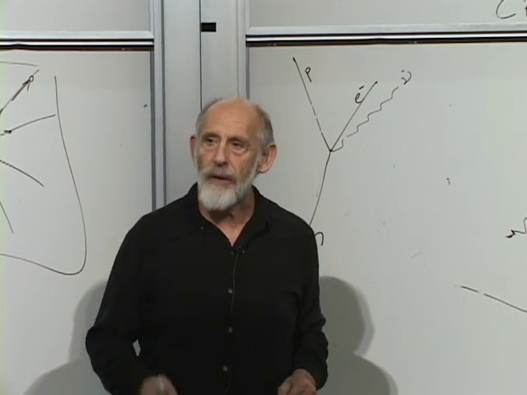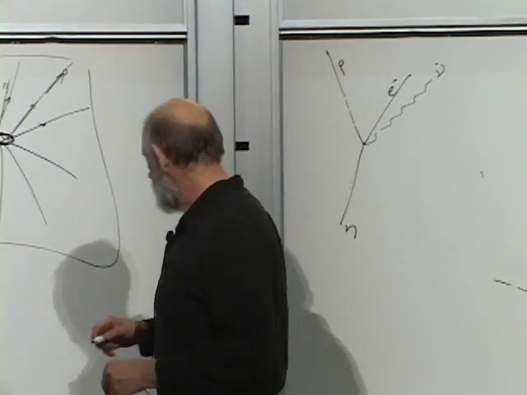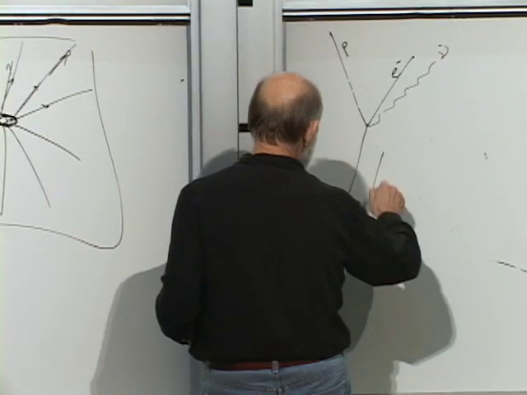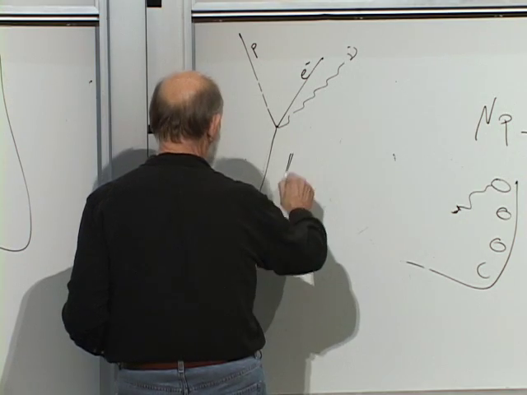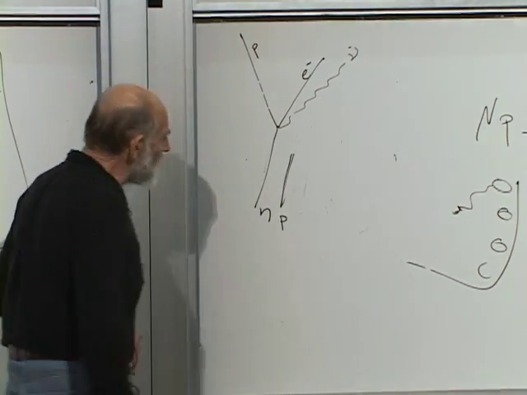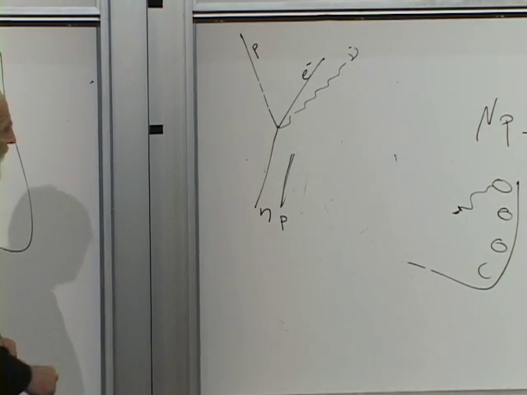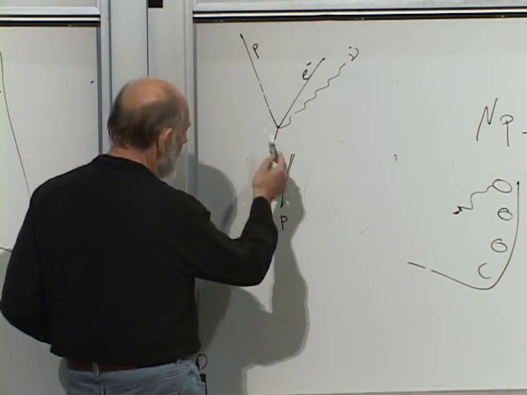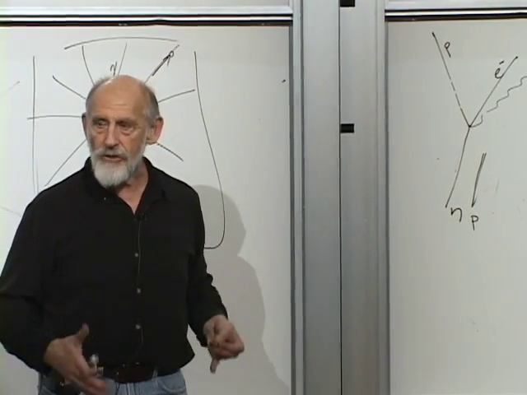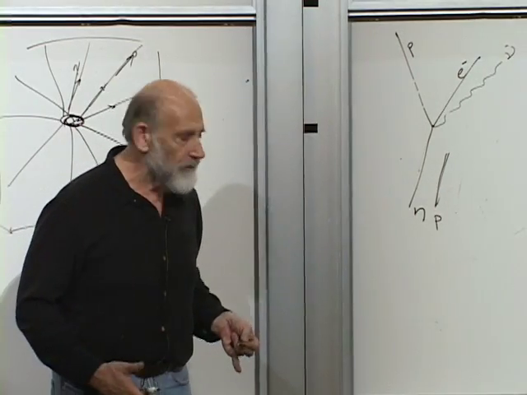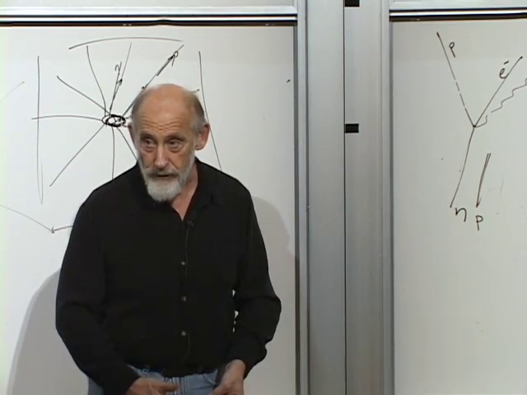Now, if a neutron is bound in a nucleus, it may have some binding energy. Let's put it into a nucleus with some protons, let's say with a proton. Then there's some nuclear binding energy, and the mass is not the sum of the neutron plus the proton, but the neutron plus the proton minus the binding energy.